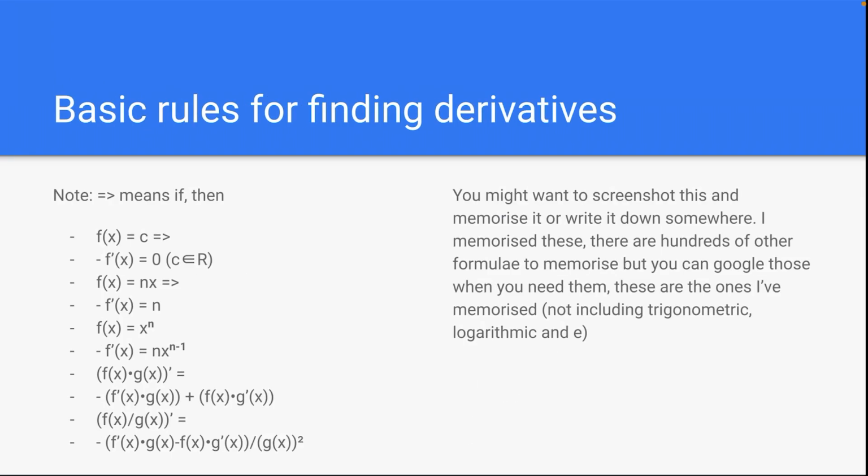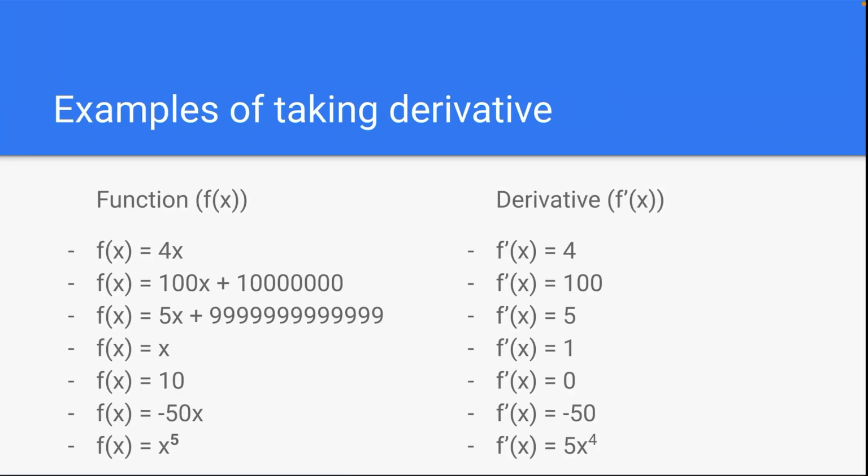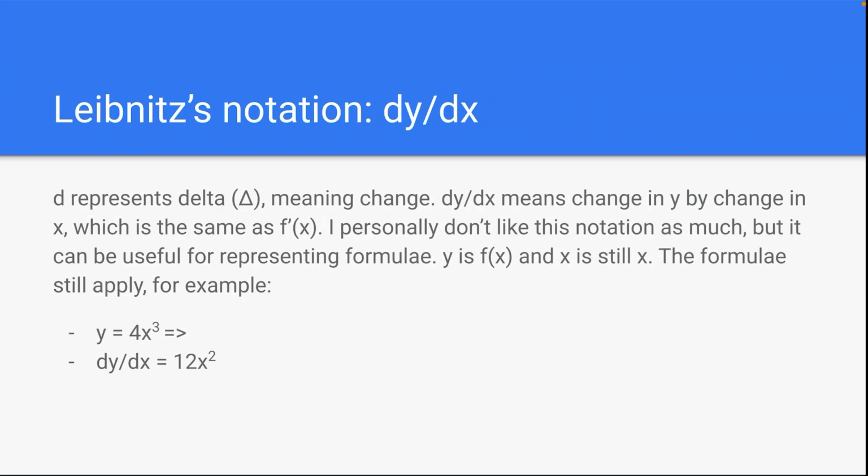Why is PowerPoint so complicated? If you put 999, God knows how many nines, that won't matter because there's no x in it. And if f of x just equals x, then f dash of x will equal 1 because, you guys can just look at it yourself, honestly.